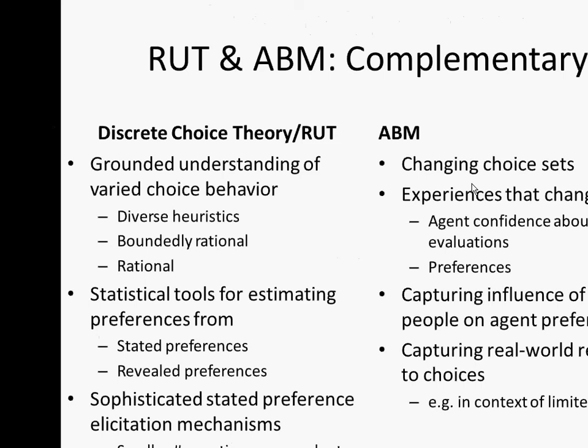People's conviction, or confidence about the choices. So when they choose between them, they think they know they're getting better. And the preferences evolve. And furthermore, we can capture influences of different people's preferences, or real-world responses to choices. So maybe I want the same thing you do, but only one of us can get it, and you do, and so therefore it's not available to me.